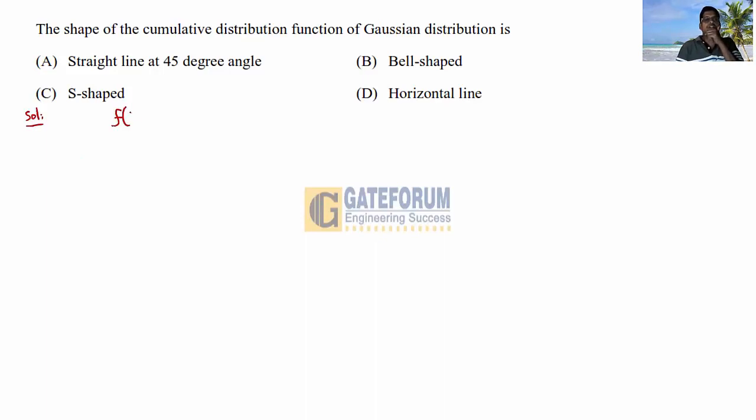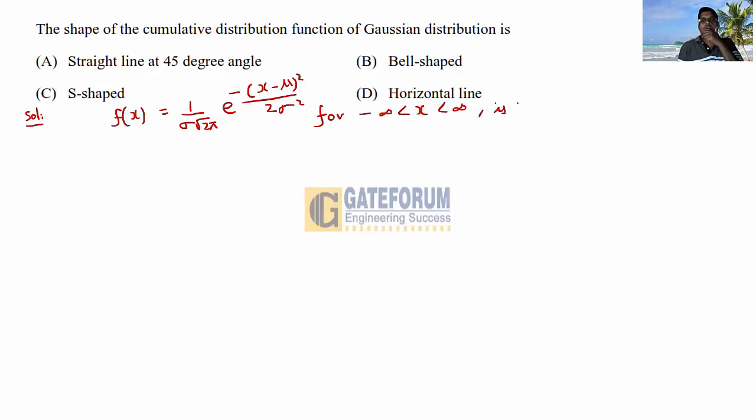So what is f(x)? 1 by sigma root 2 pi, e to the power minus of (x minus mu) whole square divided by 2 sigma square, for minus infinity less than x less than infinity, all real numbers, is the probability density function of a Gaussian random variable X. RV means random variable.